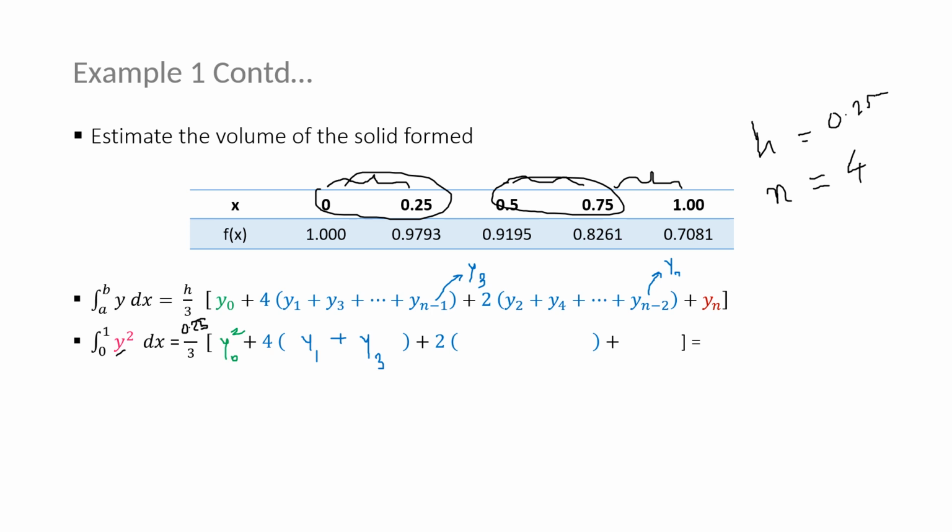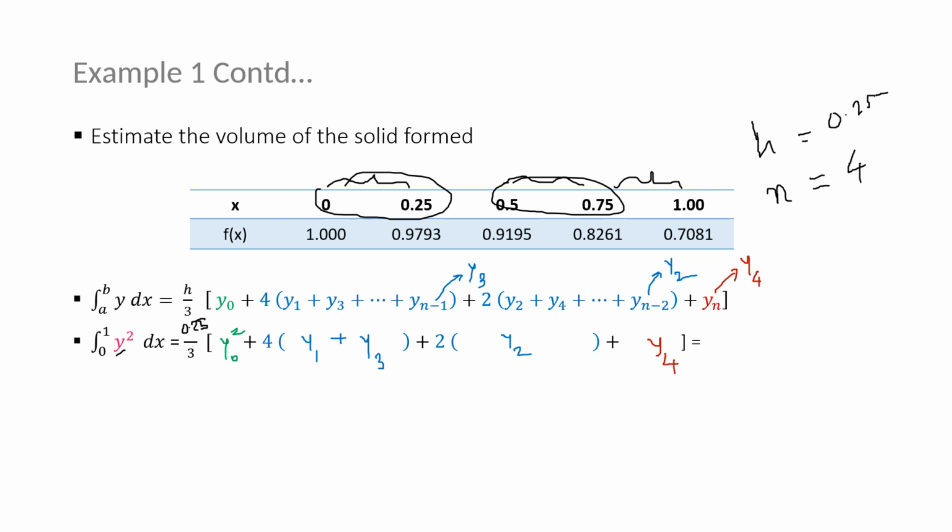So y2 should be the last term, and there will be only one term in the second bracket. And finally the brown colored term, the last term in the square bracket, becomes y4 as n is 4. Okay, so this is the formula of Simpson's one-third rule for this problem, where n is 4.